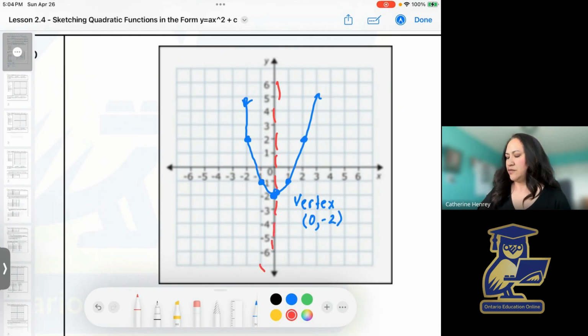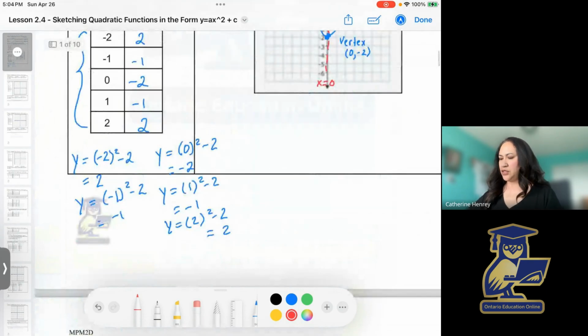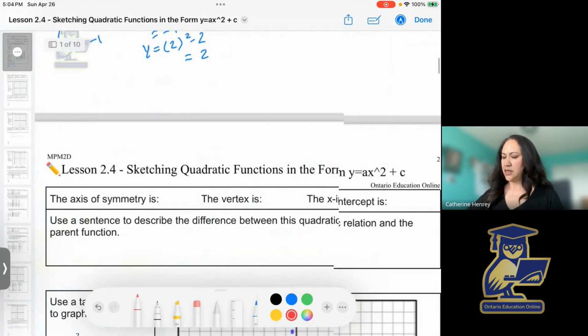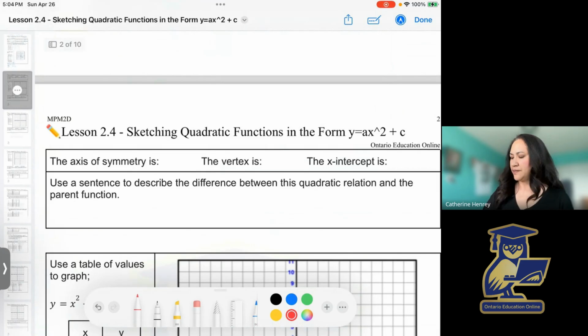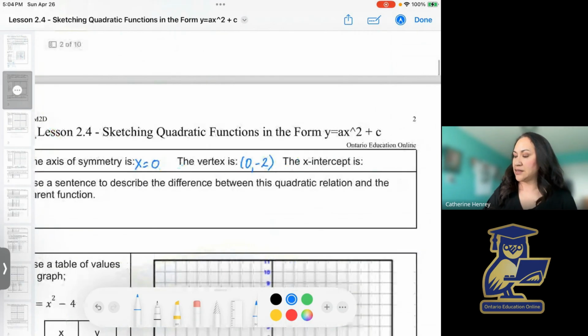As stated above, it's still 0. So let's go ahead and fill in some of the information on the next. So the axis of symmetry was x equals 0. The vertex was (0, -2). And the x-intercept, or where the parabola touched the x-axis, was at x equals 0.